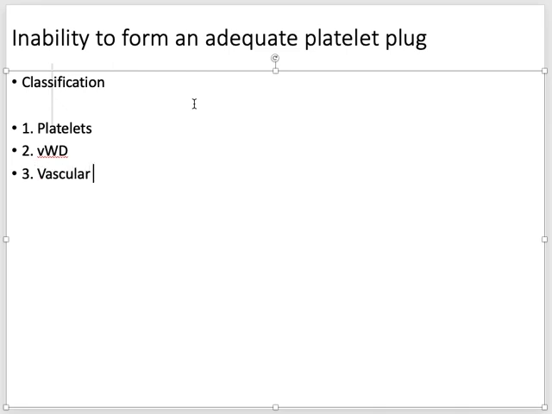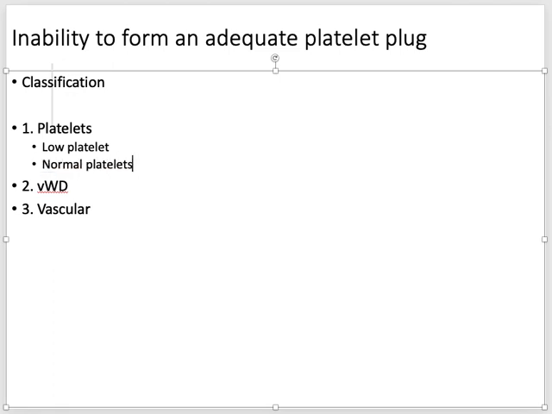Talking about the platelets, we have already covered this in the previous lecture.